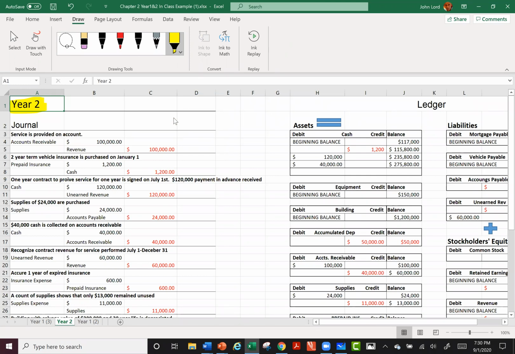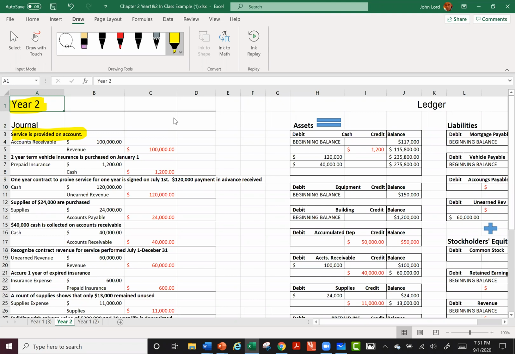So we start into year 2 and we say here service is provided on account. Now, one of the challenges for you is going to be getting used to how we communicate different things to you using the parlance of accounting. If we say that service is provided on account, that means that we have earned the revenue.